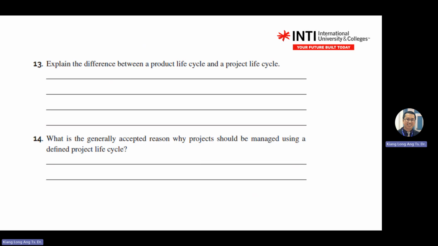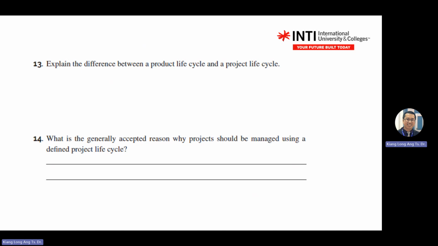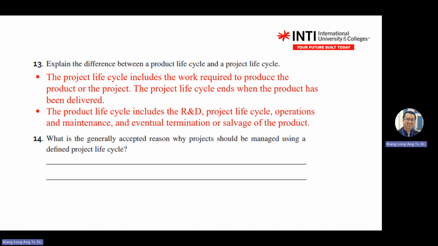Now this one is to explain the difference between product life cycle and project life cycle. There are two different life cycles: project and product. So the differences will be, if you compare side by side, project is more on the work required to produce the product.